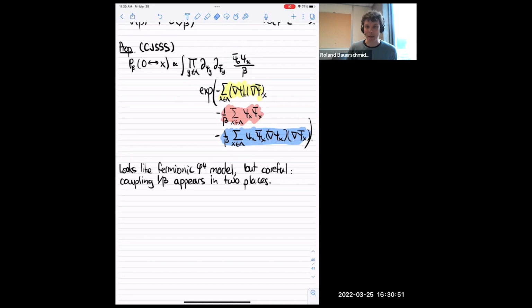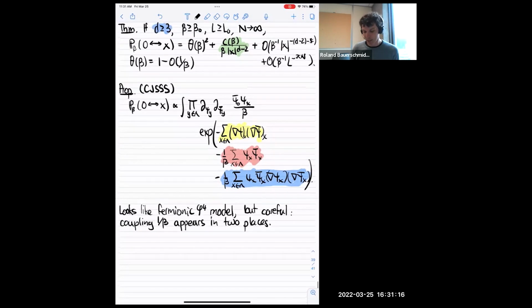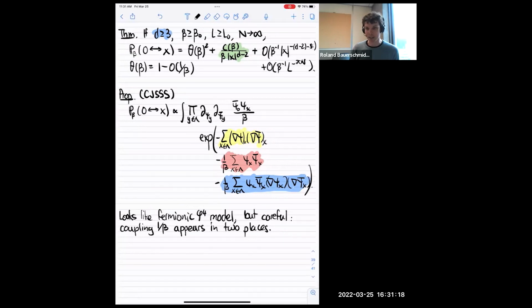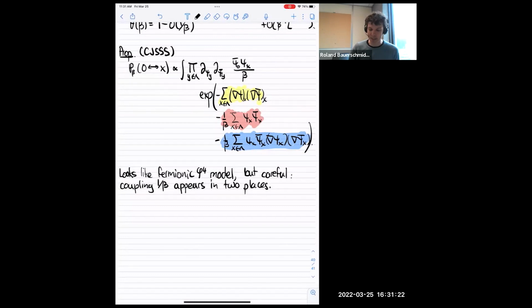But they turn out to be the same, exactly the same. And as we see from the result, there's no way a cluster expansion can work. In fact, correlations do not decay at all. They are constant to leading order, and only to second order they decay. But they don't decay exponentially, but they decay like a free field. So it doesn't look at all like a cluster expansion has any hope to work here, and it doesn't. And the reason is that the coupling that appears in these 2 places are the same.